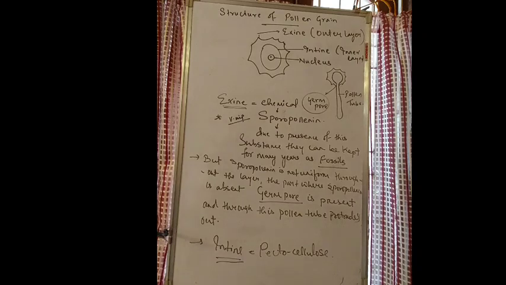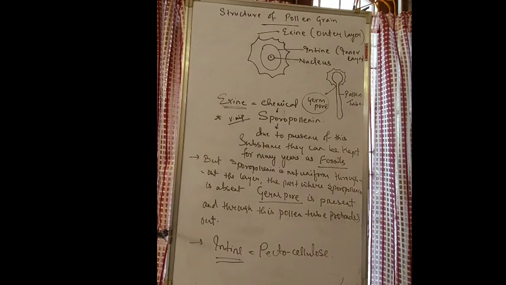Now this exine is made up of a chemical known as sporopollenin. See, the word spore from microspore, pollenin from pollen grain: sporopollenin. The name of the chemical is sporopollenin. Remember, this is a very important question, because the presence of this chemical gives resistance to the pollen grain.